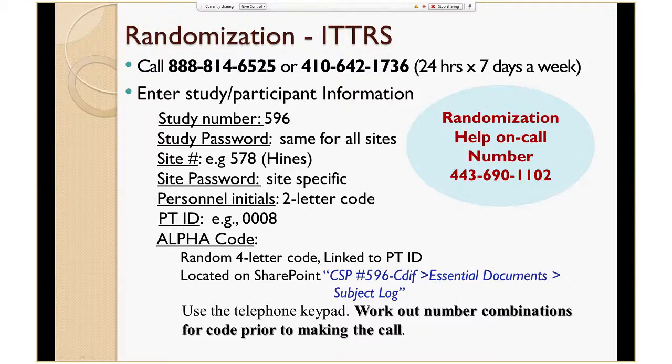And then it's going to ask you for the patient ID as well as the alpha code. And the alpha codes, I'm going to show you how to enter those as well, similar to the way you enter your initials. There's a way you have to work out the number combinations.